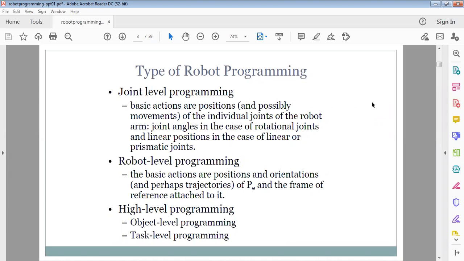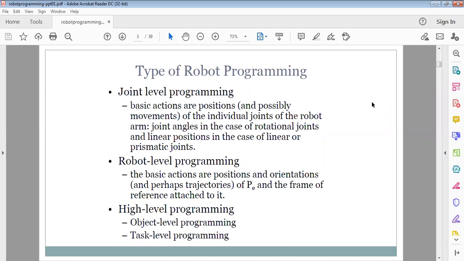The basic actions are the positions of the individual joints of the robot. For example, if the joint is a rotational joint, you concentrate on joint angles. If it is a prismatic joint, you concentrate on linear positions, and based on those you write the program.